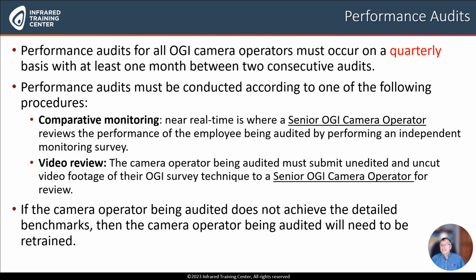And they must be conducted according to one of the following procedures, either a comparative monitoring, and that's, again, like your initial field training, and that's near real time. It's where the senior camera operator follows behind and makes sure that you found all of the leaks. Or a video review. The camera operator being audited must submit unedited and uncut video footage of their OGI survey technique for review.